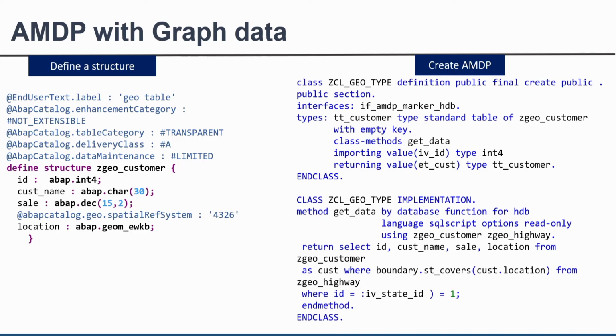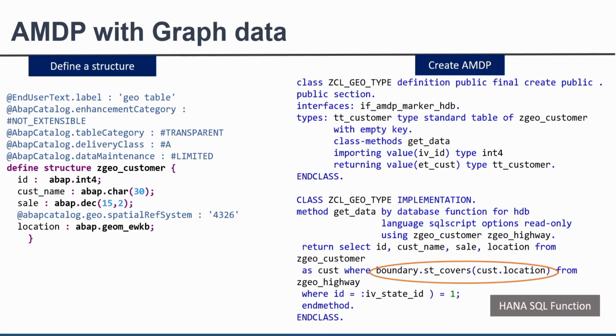Now I want to check which customers stay within 100 kilometers of a particular highway. How can I write a select statement for that? Here you can see: return select ID, customer name, sale, location from ZGeo customer as cust, where boundary.ST_Covers(cust.location) from ZGeo highway where ID equals IV_ID equals 1. This boundary.ST_Covers is a HANA SQL function introduced by SAP.